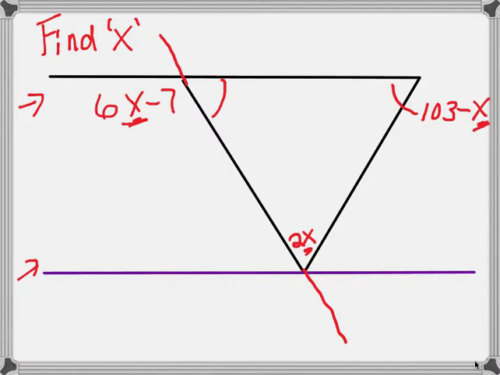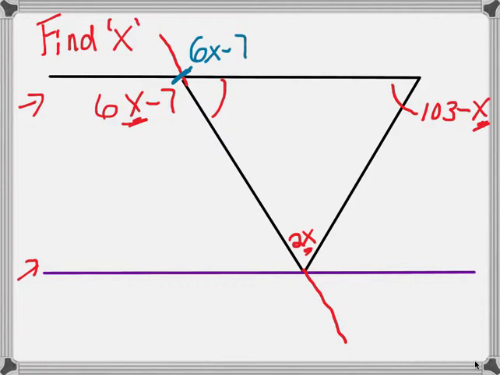If I use vertical angles on this, let me change colors again here. I know that this angle here is vertical to this angle, which means that this must also be 6x minus 7. Now, if we recall, we talked about the alternate exterior angle theorem.